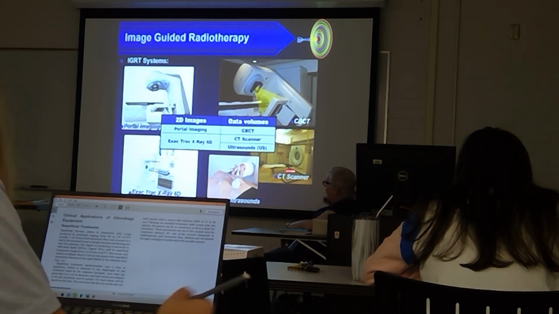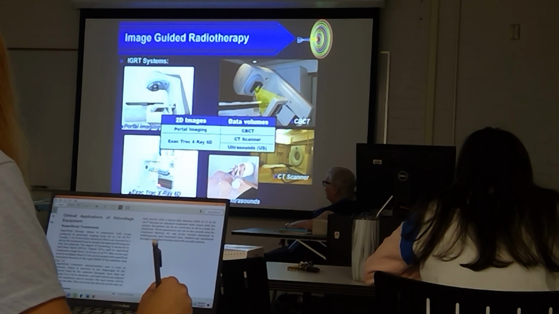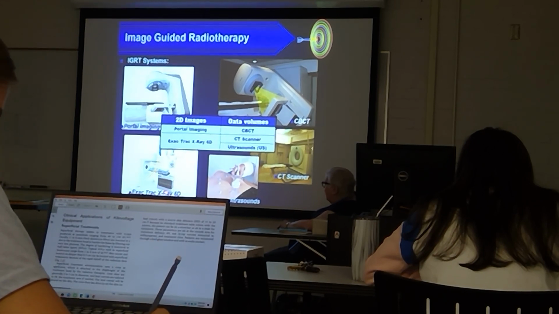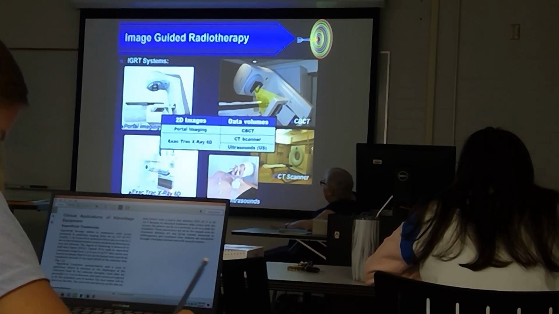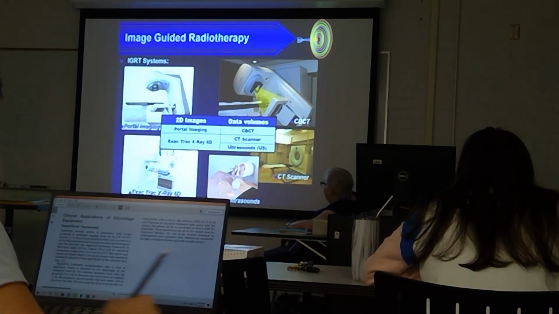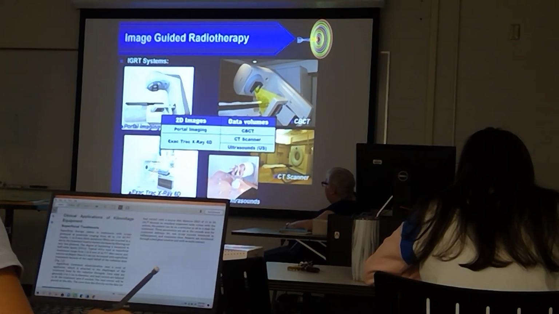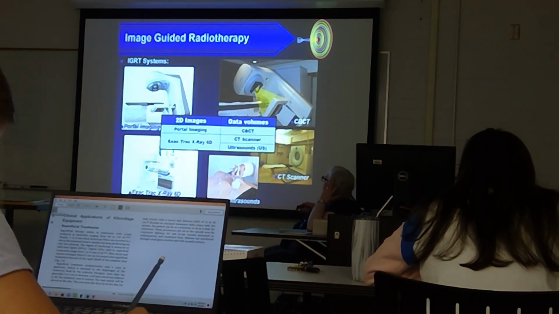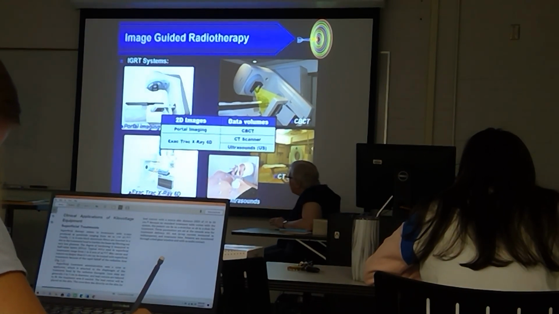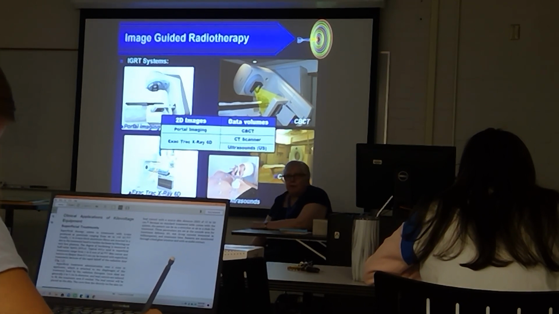we'll come back to that. ExacTrac. This is one of which there are not a lot in this area. We'll come back to that one as well. So ultrasound, you can use as well. The majority of the ultrasound IGRT systems would be used for prostate.